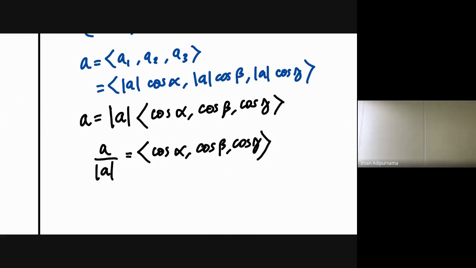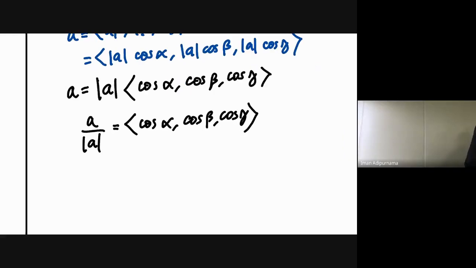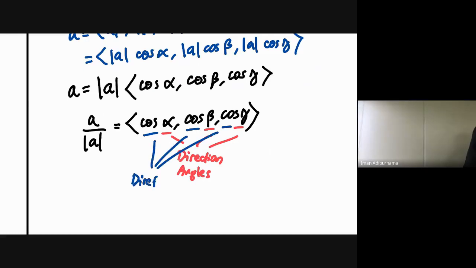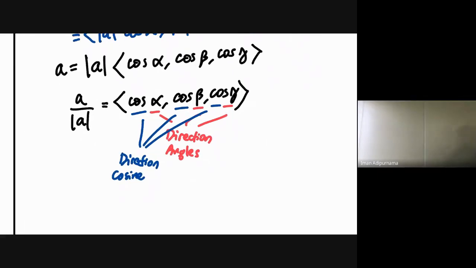Okay. So alpha, beta, gamma, this is direction angle. And the cosine is the direction cosine. Basically, the same applications.